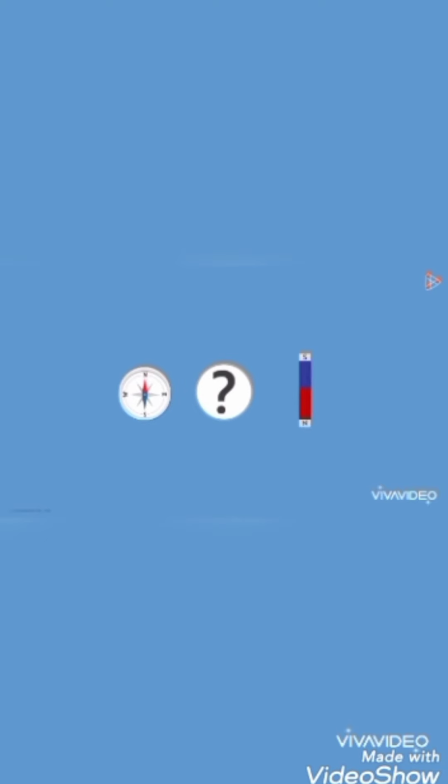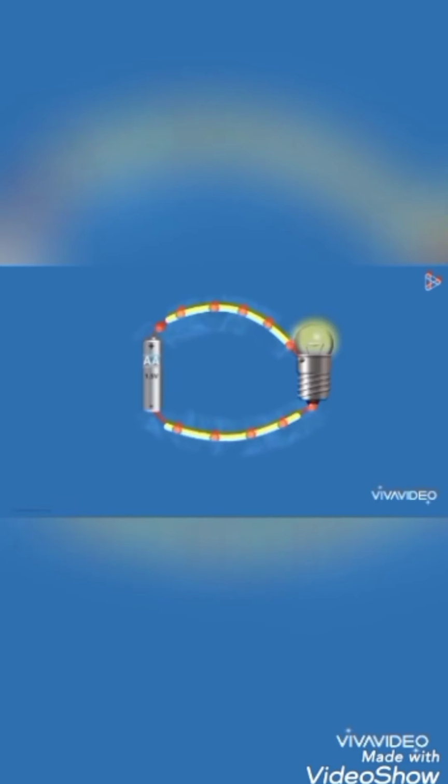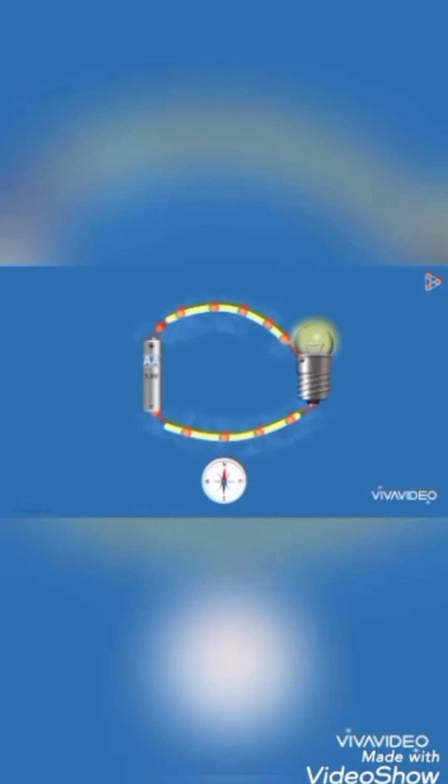We know that if we keep the compass near a magnet, the needle shows deflection. At the same time, when the compass needle is placed near the current carrying conductor, it deflects.